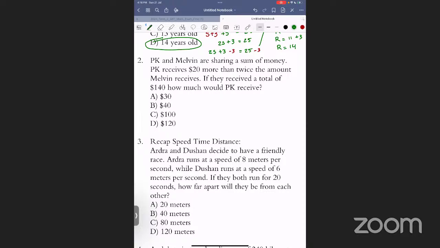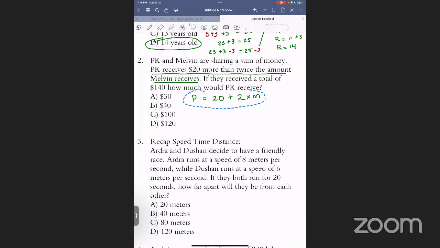If they received a total of $140, how much does PK receive? So let's write it down as we see. So PK receives $20 more than twice the amount Melvin receives. So P gets $20 plus twice the amount that Melvin receives. So P is equal to 20 plus 2 times M.